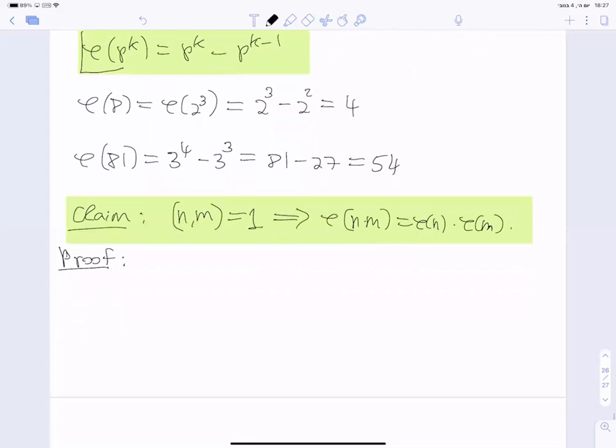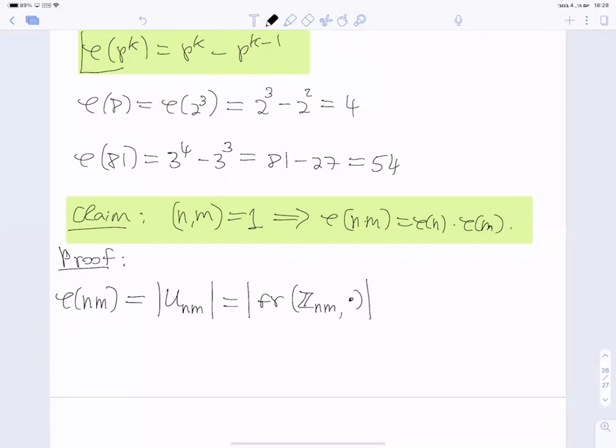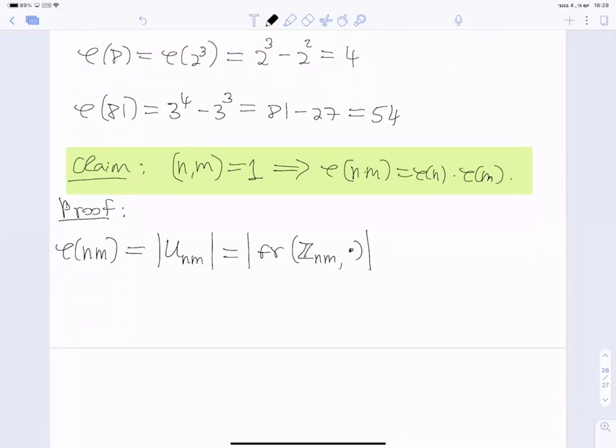Because what is phi of nm? It's the order of U of nm. But what is U of nm? It is the group with respect to multiplication of Z nm.